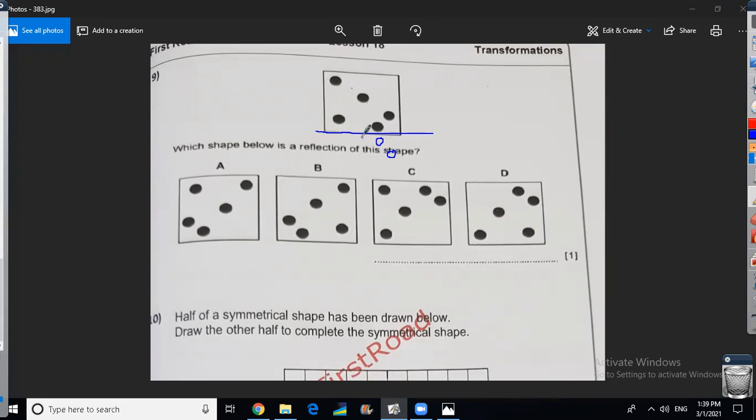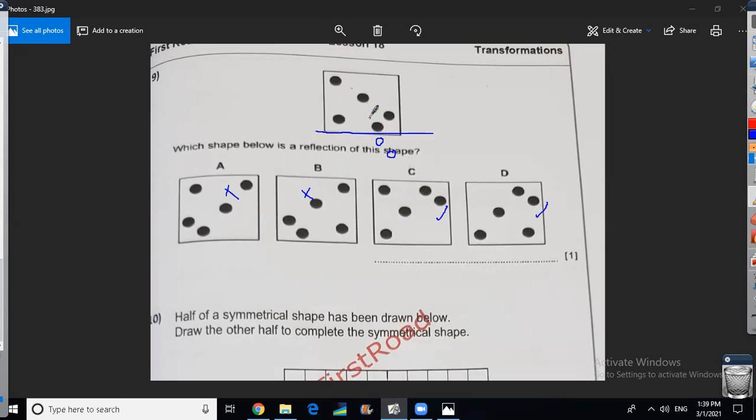That's the mirror line, but only for these two dots. Which one has this? This doesn't have this, and even this one doesn't have these two. So it's either this, look, these two lines here, or this. One of them is correct.